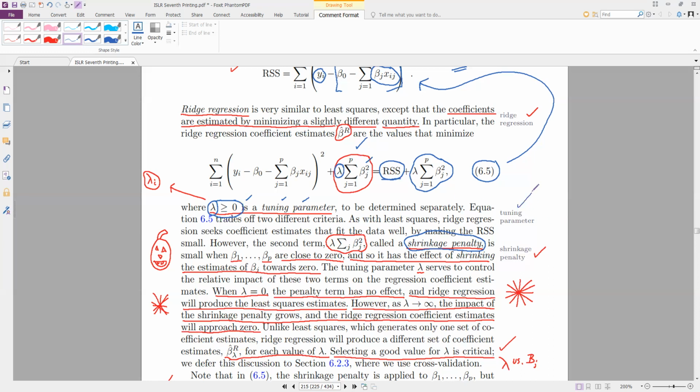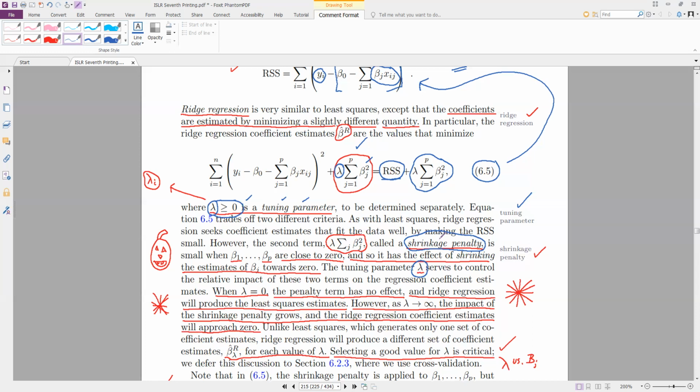You are choosing the value of the tuning parameter, and as we're going to see a little bit later, you can run your ridge regression with different values of the tuning parameter, and then you can select which regression is most optimal. And we'll define how we assess optimality in a second.